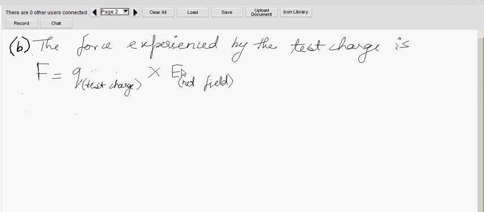I am writing this bracket because in the previous answer I have not written it as E net, or you can write Q test charge multiplied by field at O.